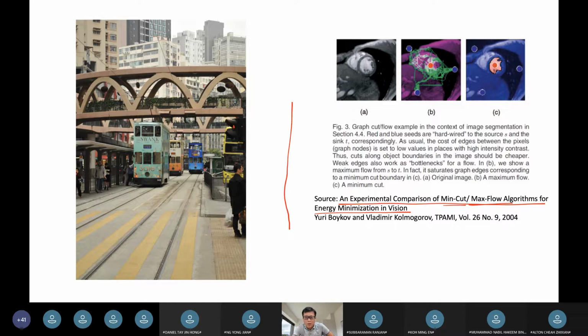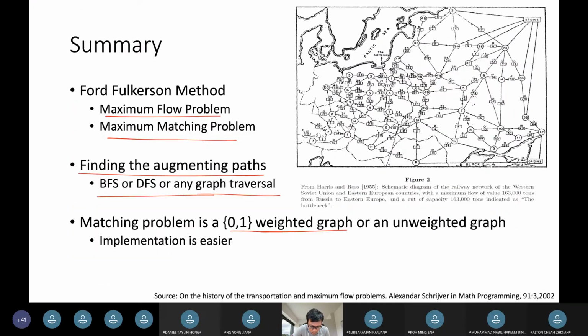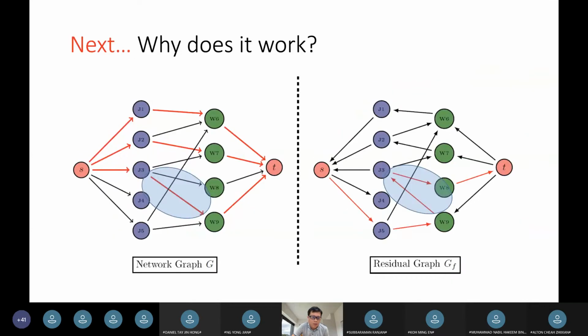Because you can always reverse after finding a path from S to T. Okay, I'll go back to this.